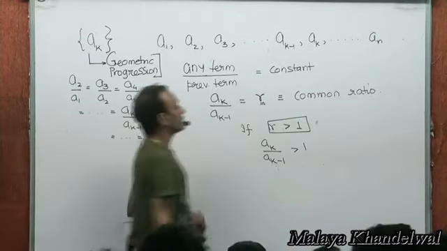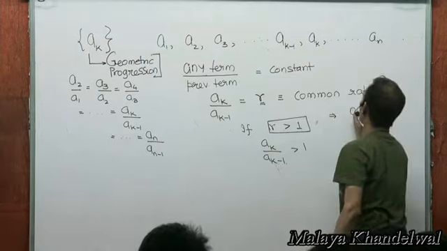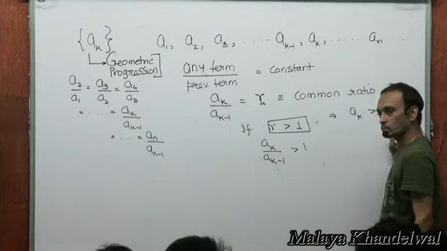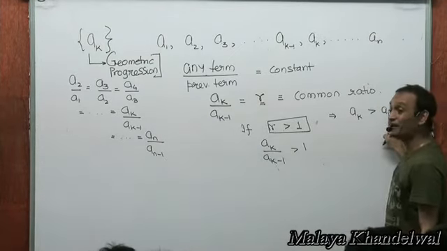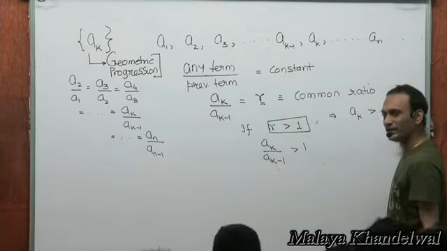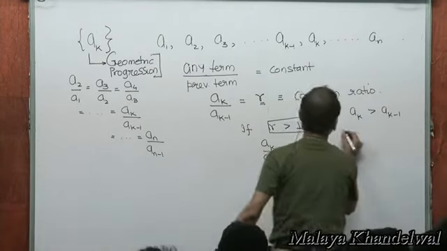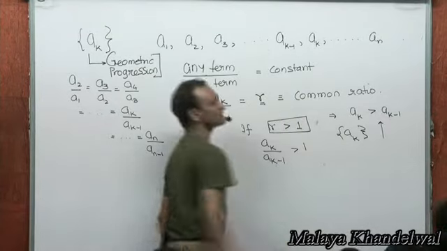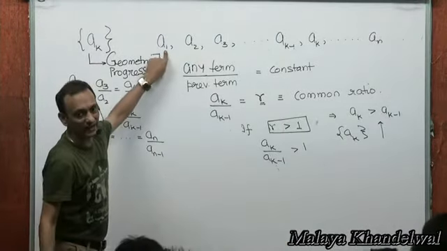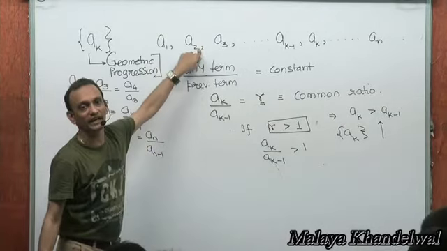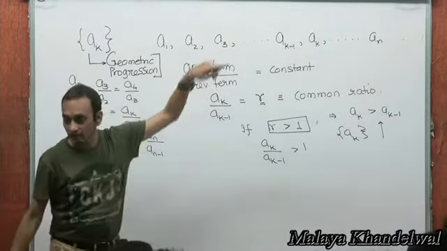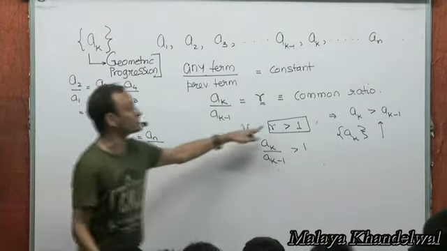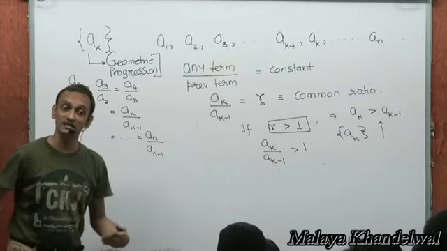That means A_K will be greater than A_K minus 1, any term will be bigger than the previous term, and it means the sequence increases. A2 will be bigger than A1, A3 bigger than A2, A4 bigger than A3, and so on. If the common ratio is greater than 1, it's an increasing sequence.